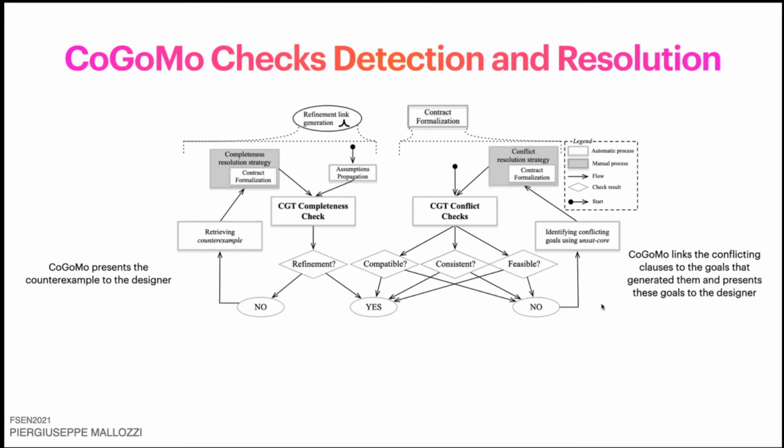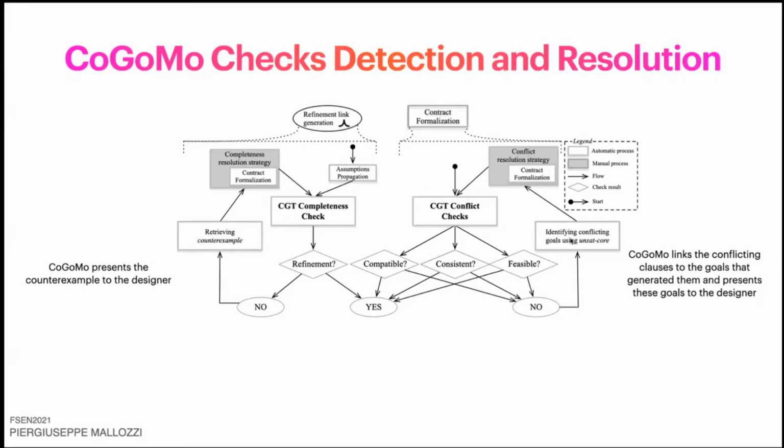Okay, so how do we detect and resolve these conflicts? First of all, every time the contract is formalized, we do these three checks. Whenever there is an inconsistency in terms of incompatibility, inconsistency, or feasibility, we use an SMT solver to capture the unsat core of the formula that we are trying to combine together, where the unsat core is a subset of clauses that are mutually unsatisfiable.